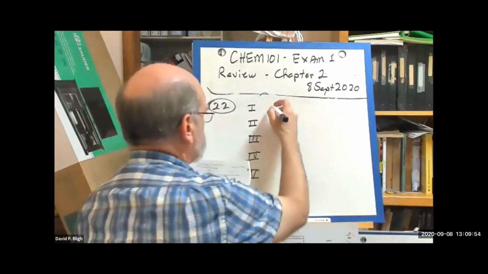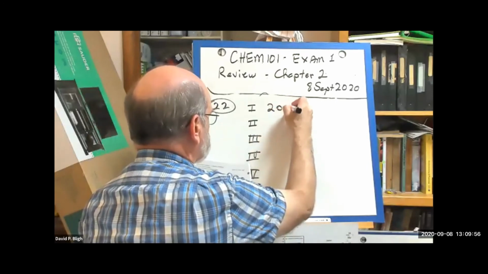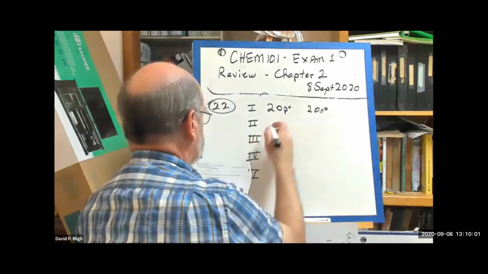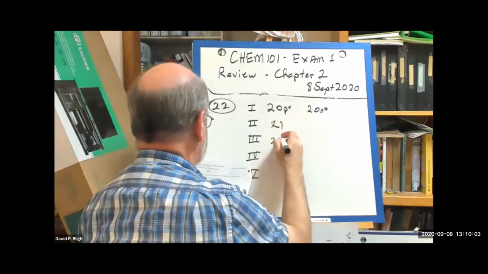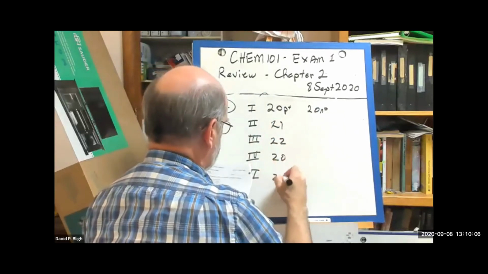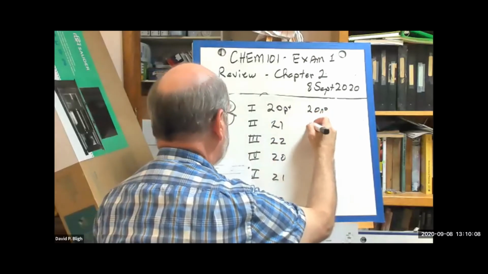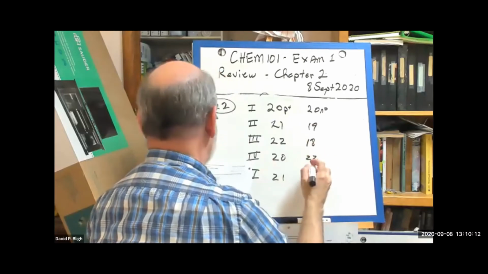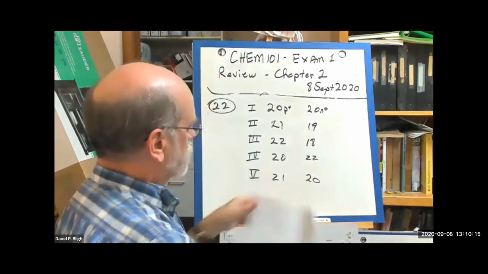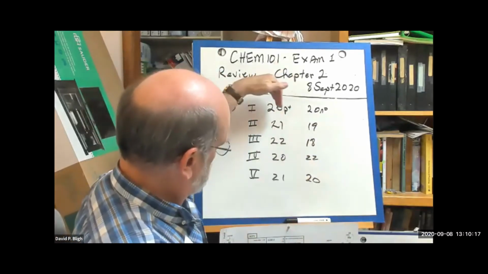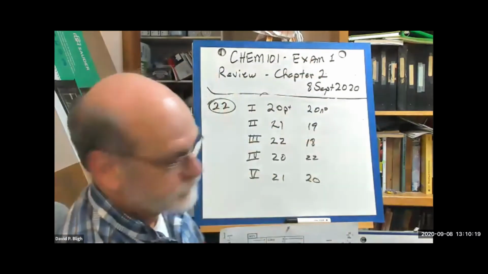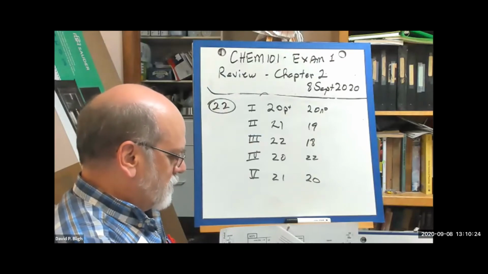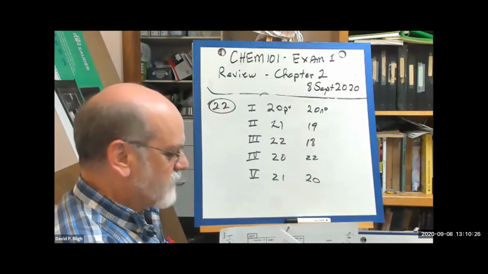So you have 20 protons, 20 neutrons, 21 protons, 22, 20, 21, 19, 18, 22, and 20. So this is our proton column, and this is our neutron column. So how many of these represent a set of isotopes?